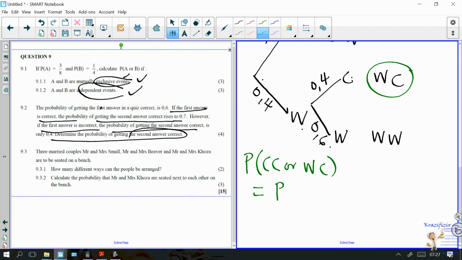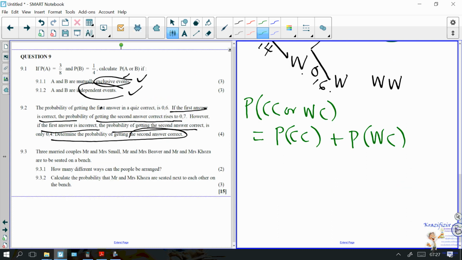to probability of both correct plus probability of what? All right, which we can expand here. Probability of the first one correct multiplied by the probability of, because it is and, get the first one correct and the second one correct, plus the probability of the first one wrong and the probability of the second one correct.